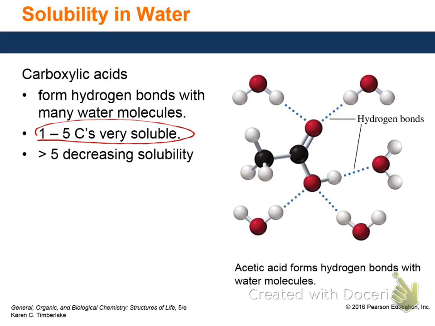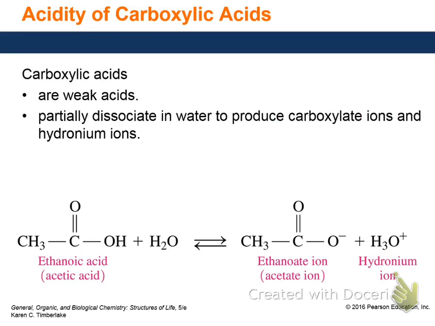So it's very similar to alcohols. And then as the chain gets longer and longer, the solubility goes down, as the nonpolar part, all the C's and H's, get bigger and bigger.